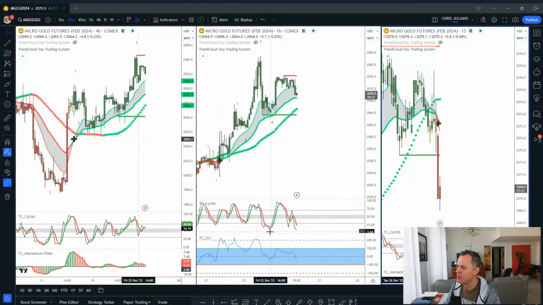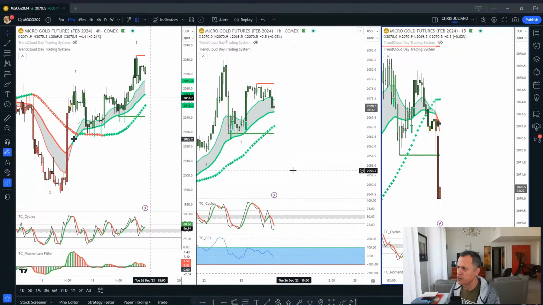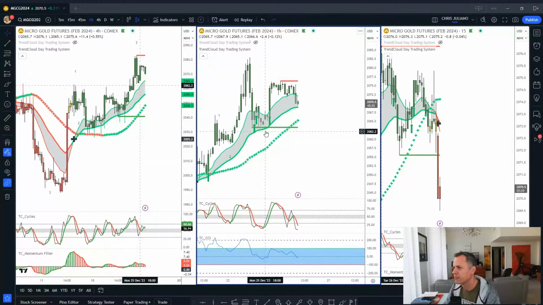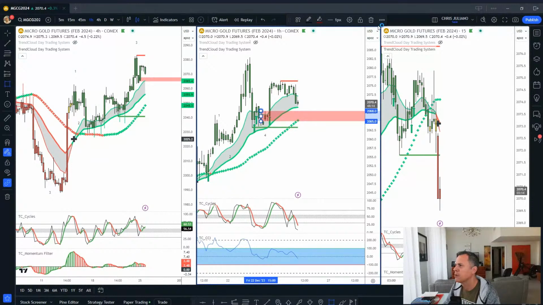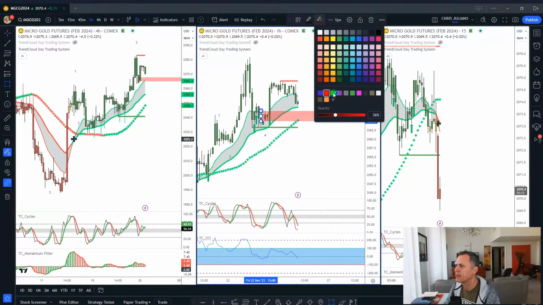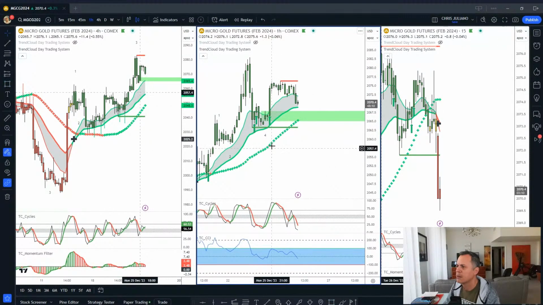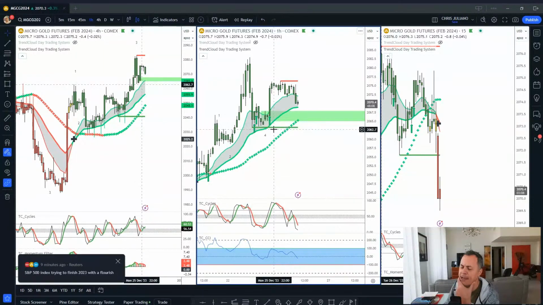We still have momentum on that 1 hour chart, and also we're cycling down. So it looks like we're getting ready on the lower charts to turn around. And we are right inside of this almost rally-based rally on that 1 hour chart.